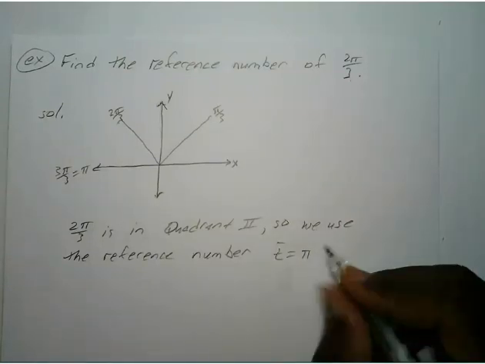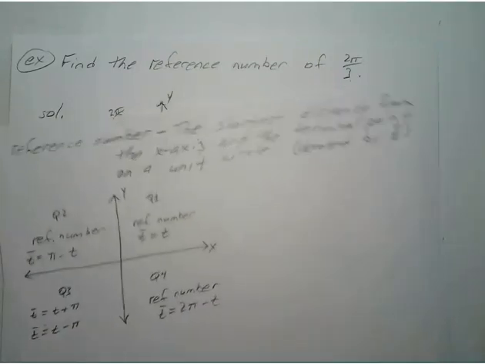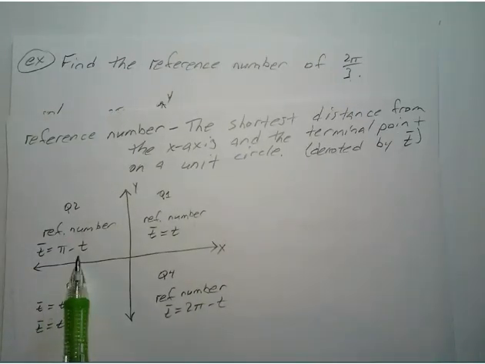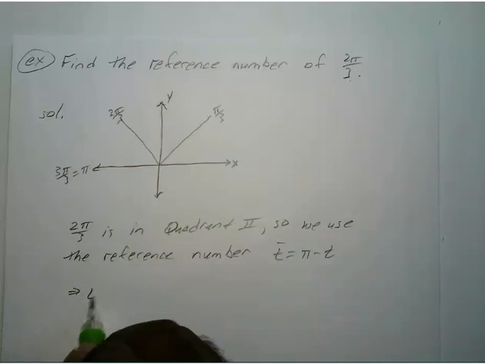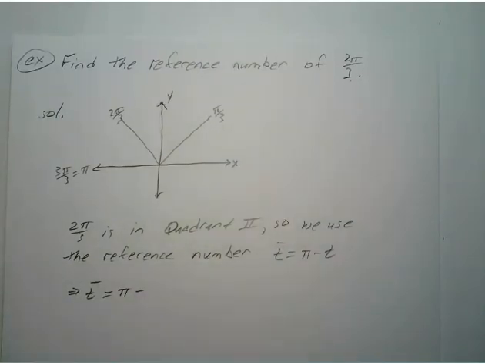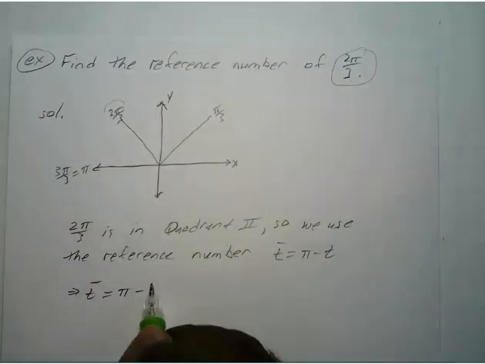T bar equals pi minus T. Okay, because remember, that's our quadrant 2 reference number formula. So that's going to mean our T bar will equal pi minus our T, which is 2 pi over 3.